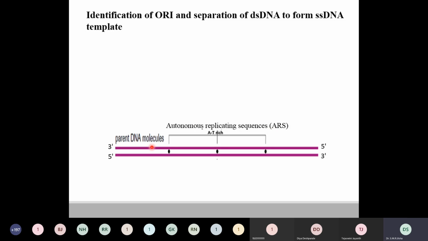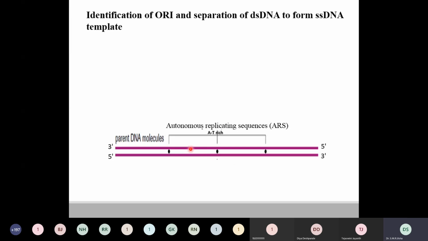What you are seeing is the parental DNA molecule which is going to replicate. Now, there are certain unique sites on the DNA which are AT rich, meaning rich in adenine-thymine base pairs. Certain proteins will bind to these regions and pull the two strands apart.